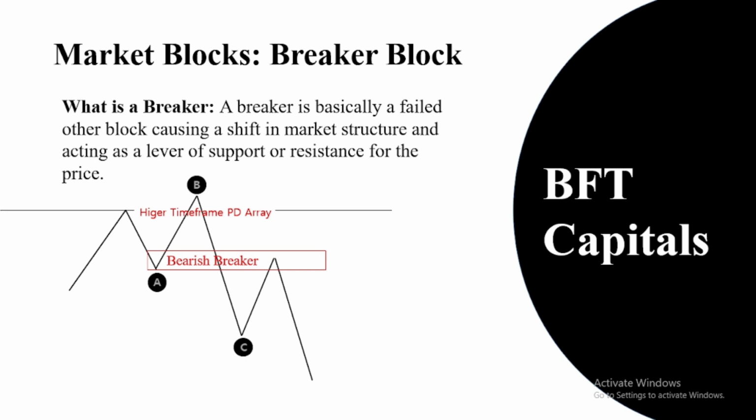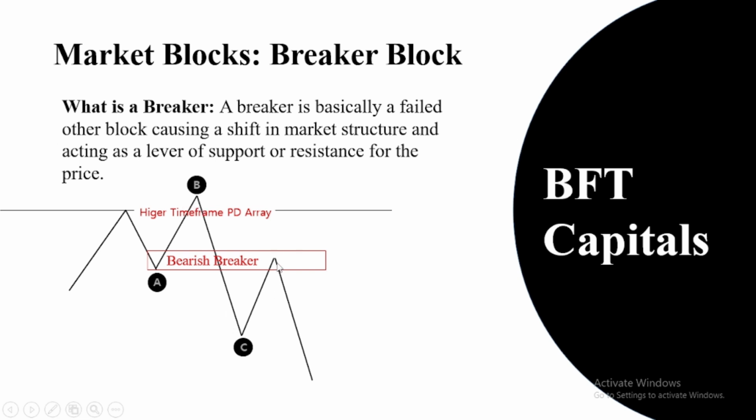So a breaker block is a point in price where smart money use for entry or exit point. Like for example, when price, those smart money that went in long here, and then price broke above this high, then broke lower.